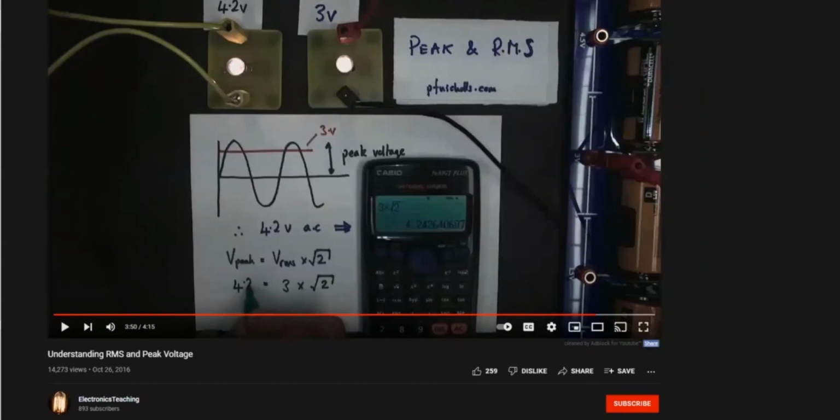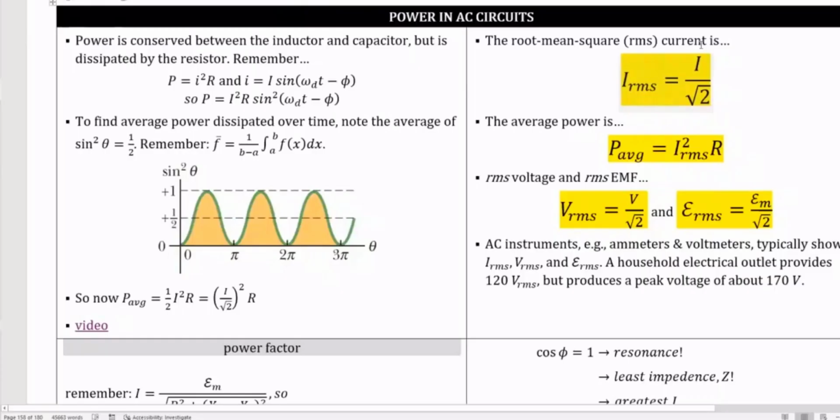If you look at your lecture notes right here, there's actually a deeper mathematical background that I provide, but I wanted to show that video because it's always good to have a gut feel or an audio visual understanding of what the math is saying. And it's basically just taking the average of a sine wave. How do you take the average of a sine wave? That's what root mean squared is talking about.